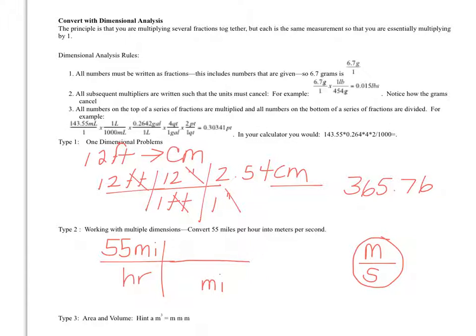Do we have miles and kilometers on there? 1.609 what? Miles? So 1.609 kilometers is 1 mile, right? Miles cancel, right? But I don't want kilometers, I want meters. What is my relationship between kilometers and meters?